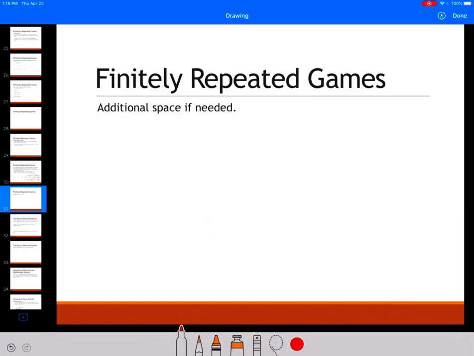What I'm trying to show is that they will collude if the expected value of colluding is greater than the expected value of cheating on the other person and then being stuck at the Nash equilibrium. So we'll put cheat down here.